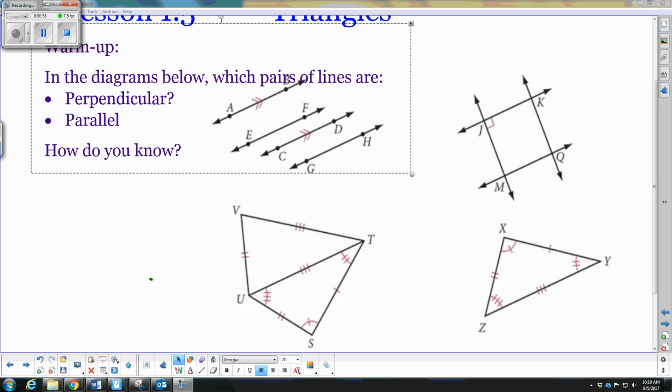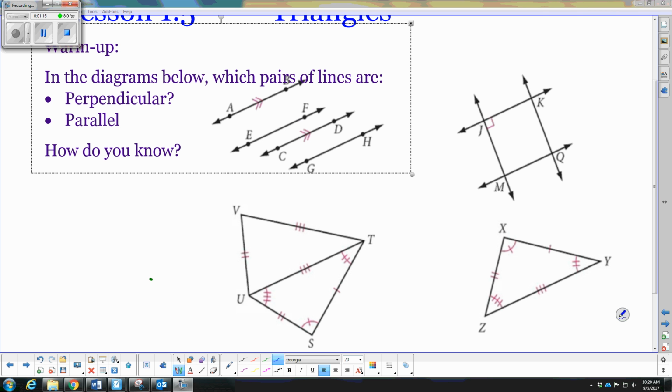There are a few markings that we're going to use to determine perpendicular and parallel lines. First thing we know about perpendicular lines is they are lines that intersect, and they intersect at a 90-degree angle. And parallel lines, we know they are lines that are in the same plane that never intersect.